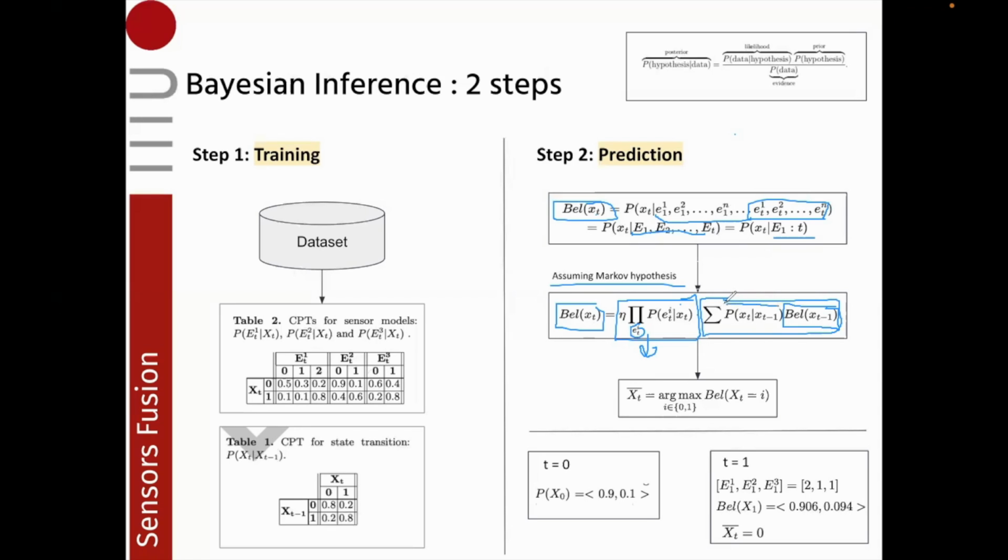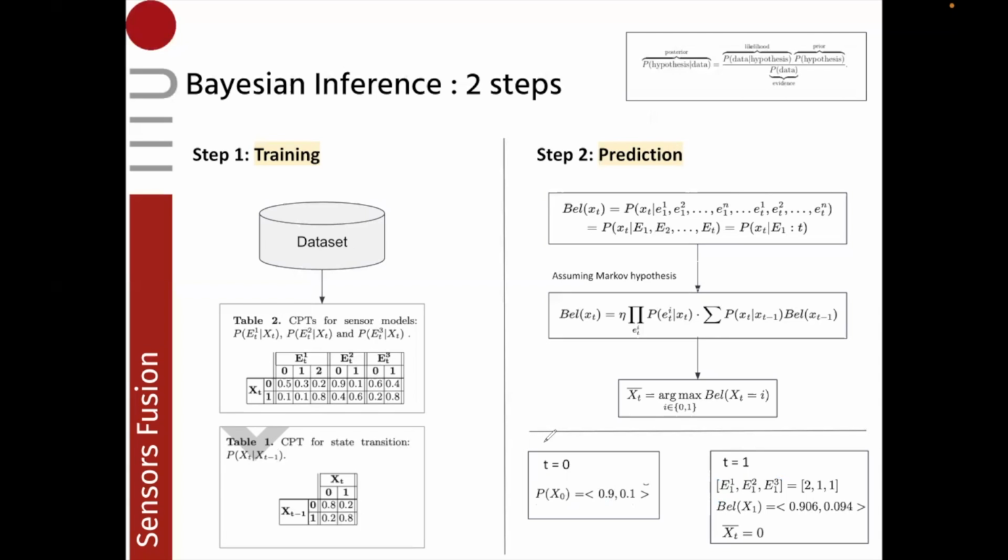There is another term here, which we call the transition probability, the probability of the state at time t given that we were in the state t minus 1. This is again calculated in the training phase, and it is the table down here, extracted from the data. What we have seen is that if we were in 0 at t minus 1, there is an 80% probability that we are still in 0 at time t.